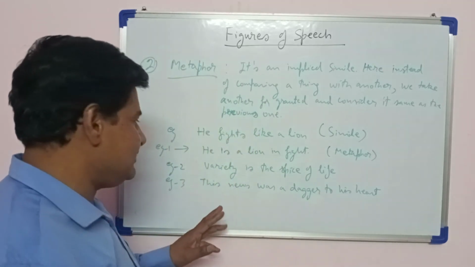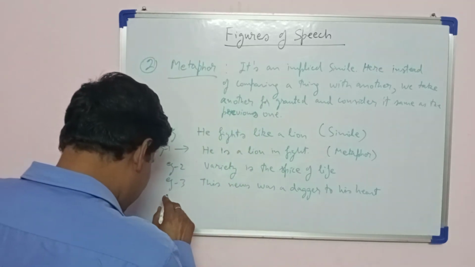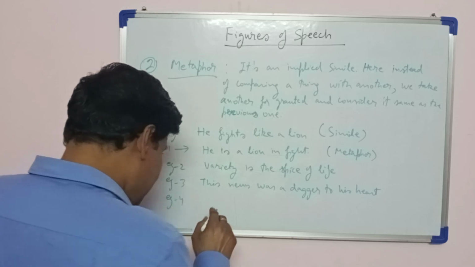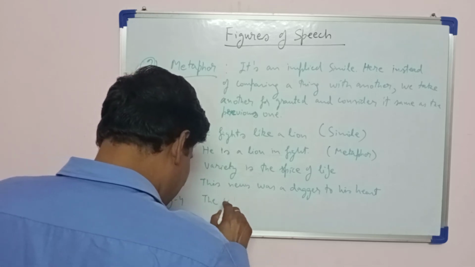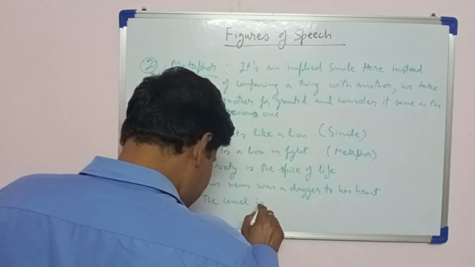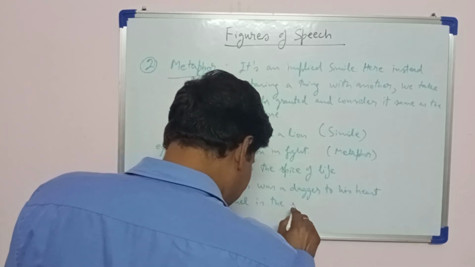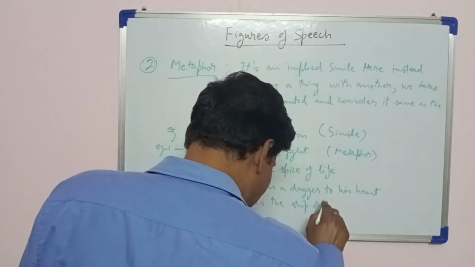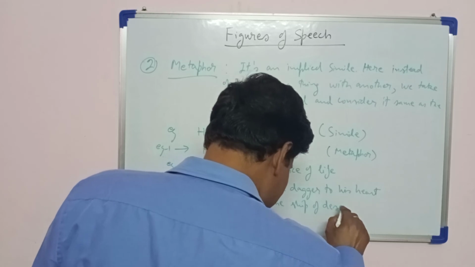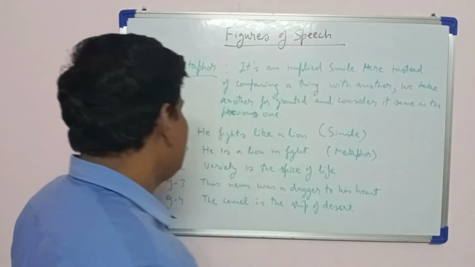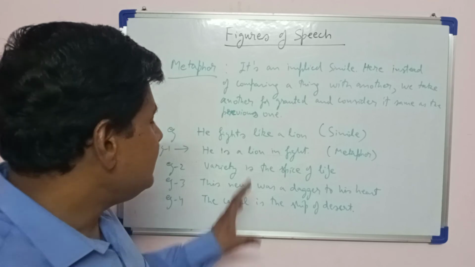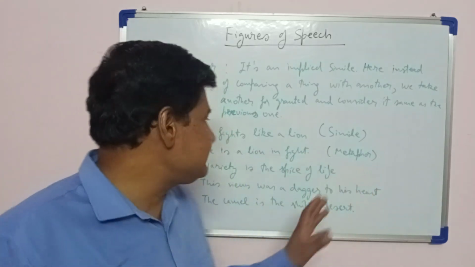We are understanding the examples of metaphor here. The camel is the ship of the desert. So here, let us understand these examples.